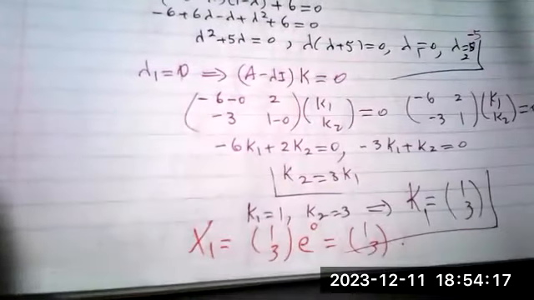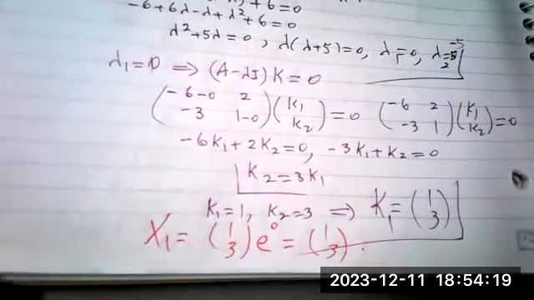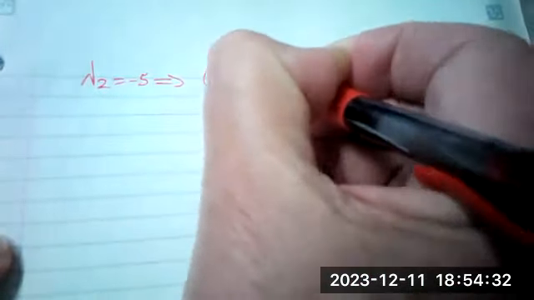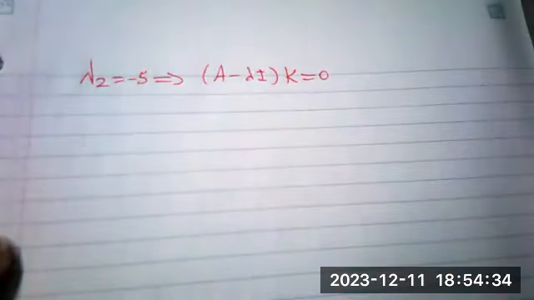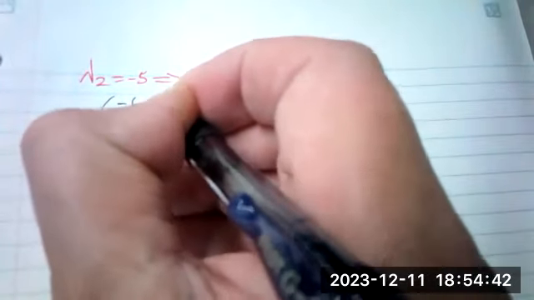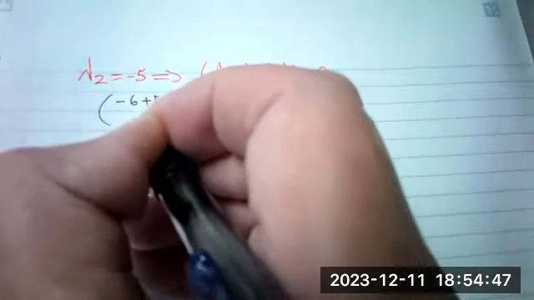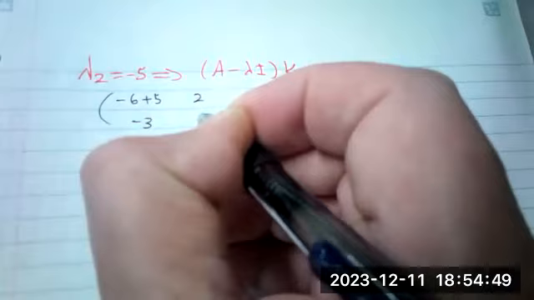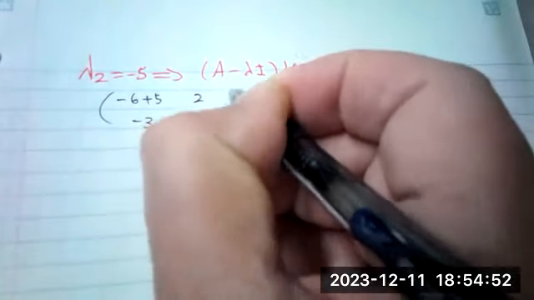Are you done? Same thing, lambda 2 equal to negative 5, we put it over here. So for the second solution we form A minus lambda I times k equal to 0. The matrix that we had is negative 6, this time minus negative 5, which is plus 5, giving negative 1, and then we have the 2, and negative 3, and 1 minus lambda, which is going to be 1 plus 5, that is 6.